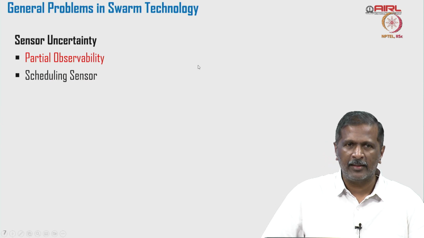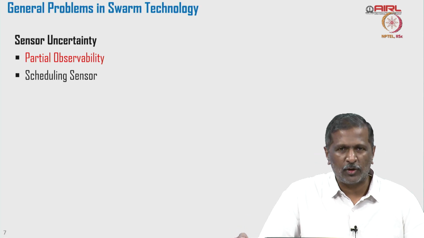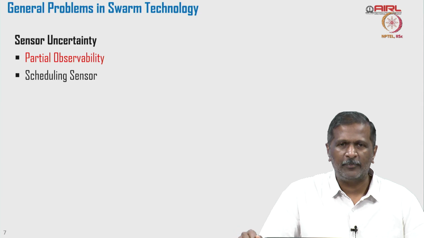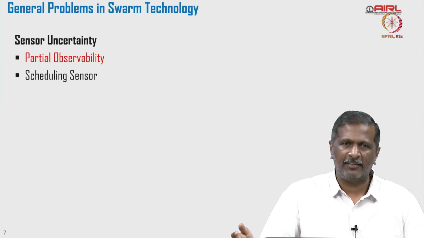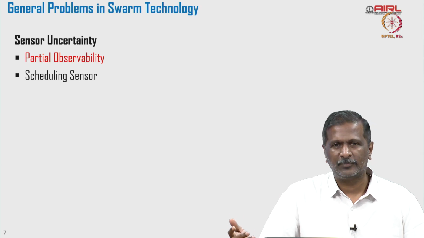That is a challenge. I may have multiple sensors. I can have electro-optical, I can have IR, I can have a radar, I can have a LiDAR. Which sensor to be used? When to use?